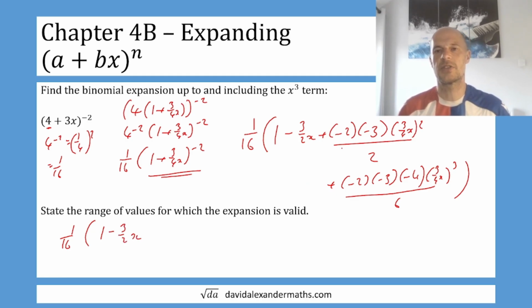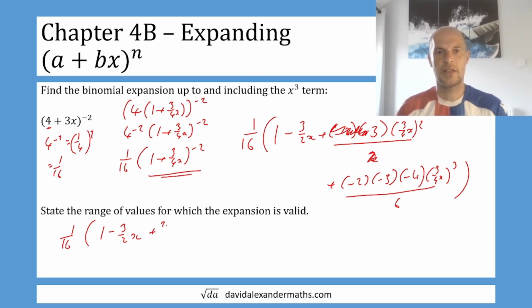So let's sort out this fraction here. So minus 2 and a minus, so the 2 cancels with the 2, and these two minus signs we can get rid of as well. So that leaves us with 3 times (3/4 x) all squared. So 3 times 3 times 3 divided by 4 divided by 4, and that is 27/16.